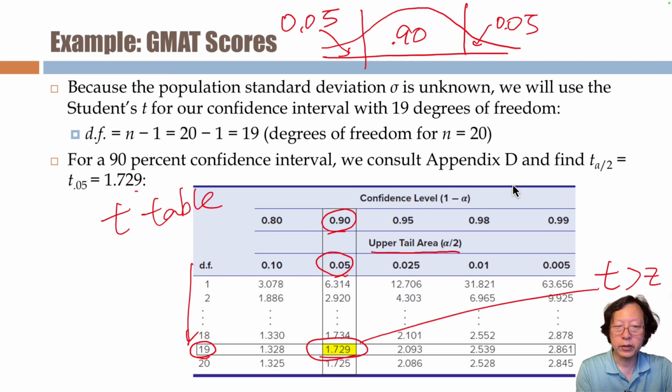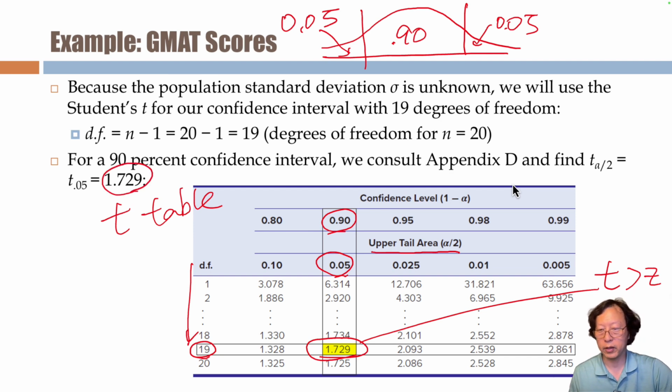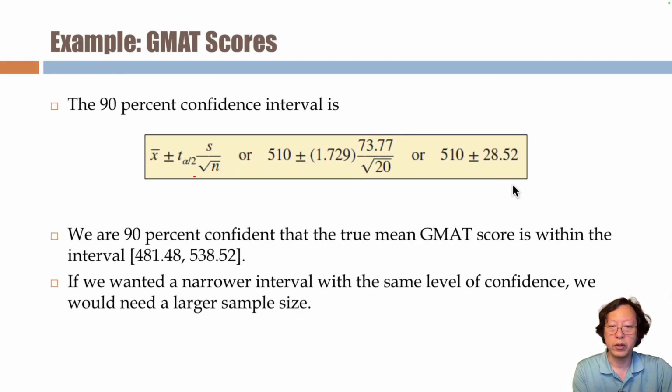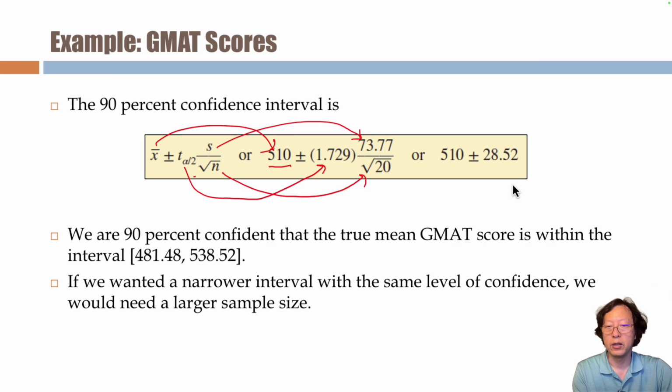So once you find the t value, then you can calculate the confidence interval. Plug in here: the number 510 is x bar, and t is 1.729. And s is the sample standard deviation, and n is 20. So you can plus and minus, and you can find that the interval will be 481 and 538.